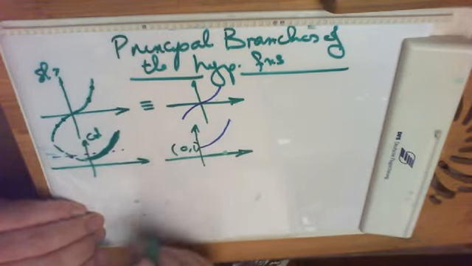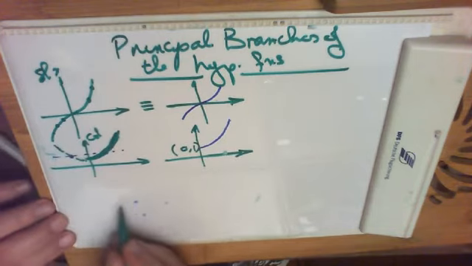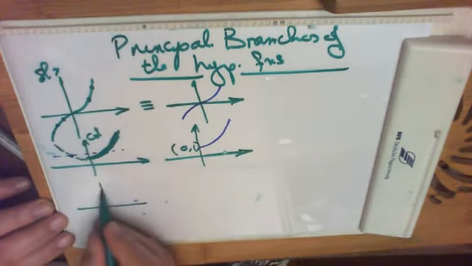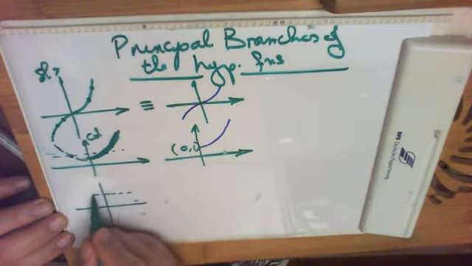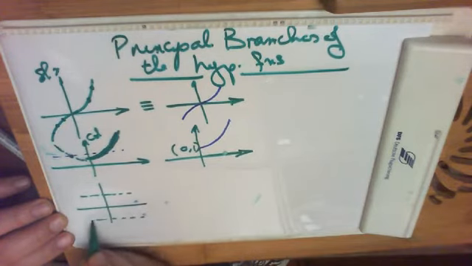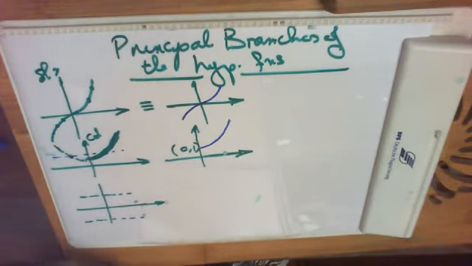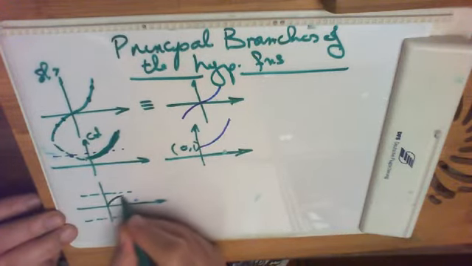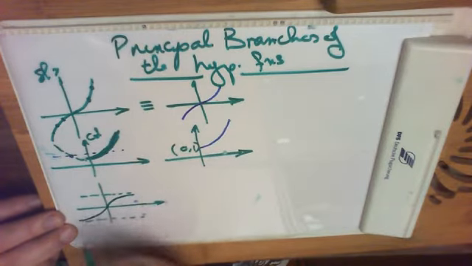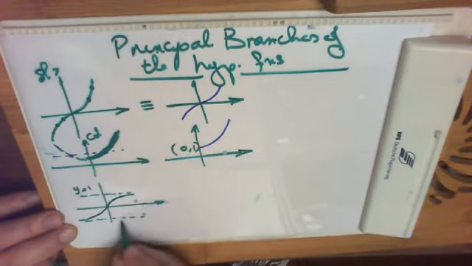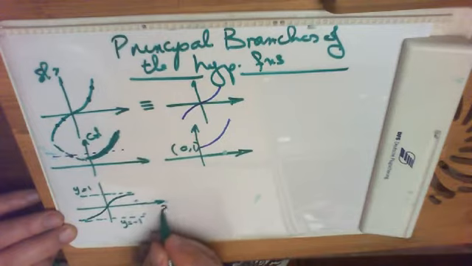Okay? What about the branch? If you remember, like this. This is y equals 1, this is y equals minus 1. This is tangent.